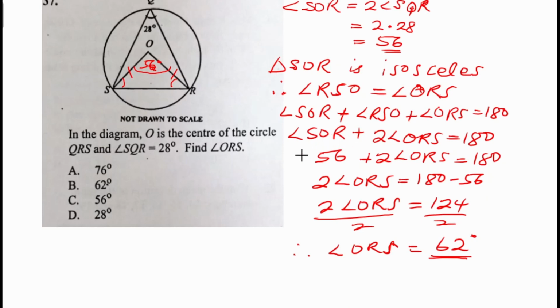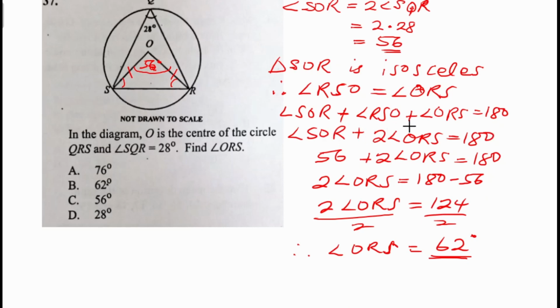Right, so I just wrote everything I said earlier, that triangle SOR is isosceles, and that means that angle RSO will be equal to ORS, which is at R. Then if that is the case, angle SOR plus angle RSO plus angle ORS will be equal to 180 degrees, which is the sum of interior angles of a triangle.